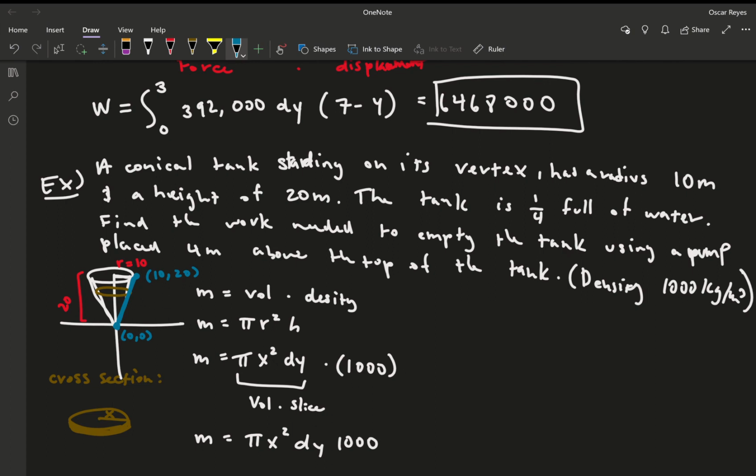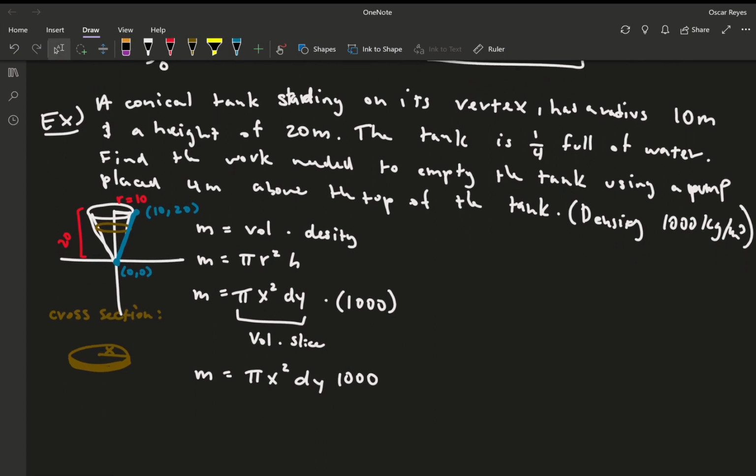So we have 2 points, so we can find out what our slope is, which is m equals y2 minus y1 over x2 minus x1. Our slope is 20 minus 0 over 10 minus 0, which equals 2. So then we put it into our point-slope formula. I usually always choose 0, 0 as my x1 and y1. It's a lot easier.